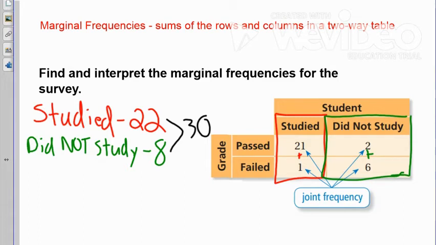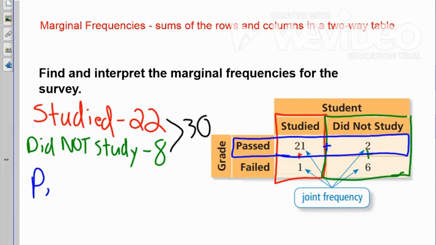So if we do our pass and fail now, I'm going to do this one in blue. Those who passed are going to be in blue. So that means we're going to take 21 plus 2. Okay, so those who passed, we have 21 plus 2, that would be 23.